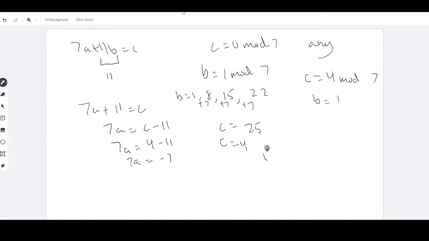If we have 10 mod 7, I can add 7 or take away 7 from the 10 as much as I want. So I can say 10 mod 7 is equal to 10 plus 7 mod 7, so 10 mod 7 is equal to 17 mod 7. And that's true, because 10 divided by 7 has the same remainder as 17 divided by 7.